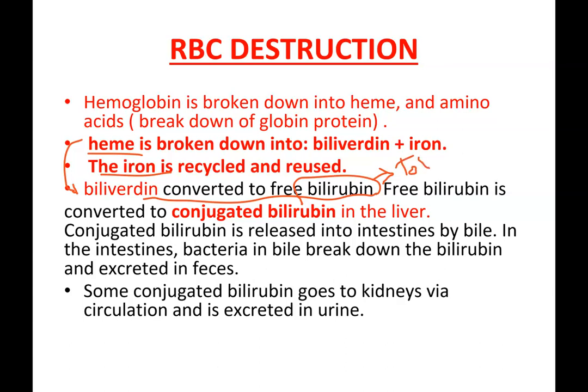The body is going to eliminate bilirubin through the bile in the large intestine, and it's going to be taken out of the body through feces. Some of it also travels through the kidneys and is going to be eliminated in urine. So the yellow coloration in urine is the bilirubin that is being eliminated.